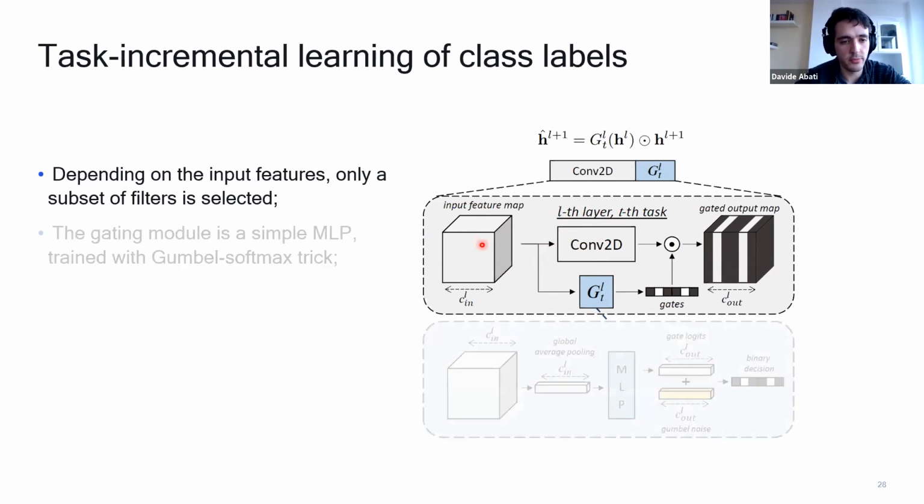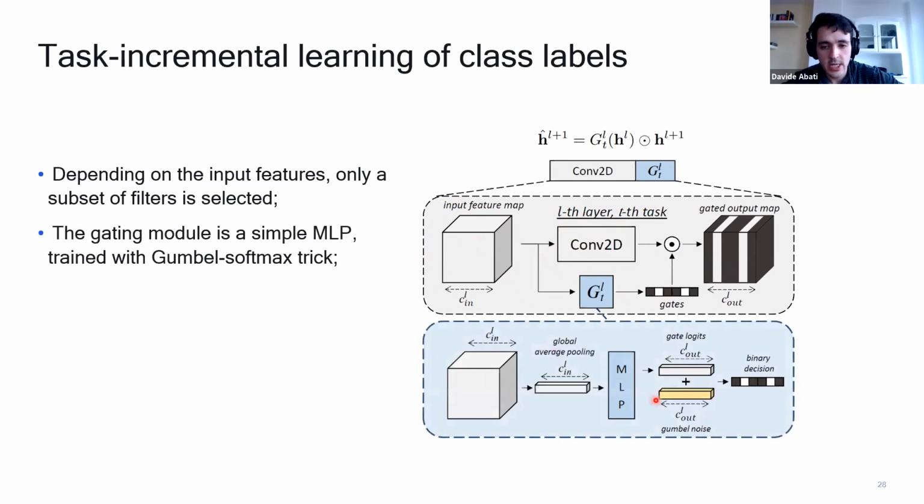How does it perform this binary decision? The gating module is itself a very shallow neural network with a very small overhead. The input feature map gets pooled, and then a multi-layer perceptron provides the score for each convolutional kernel. We sample binary decisions with something called the Gumbel softmax trick, which is a reparametrization trick for discrete distributions.